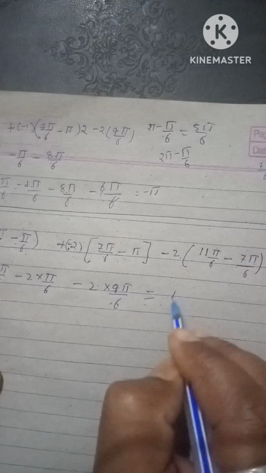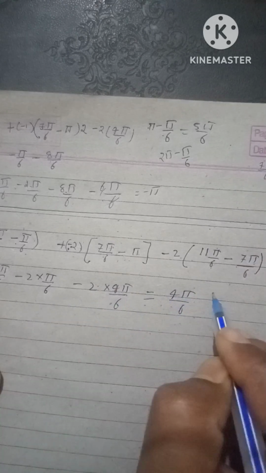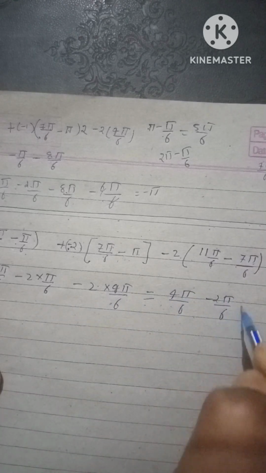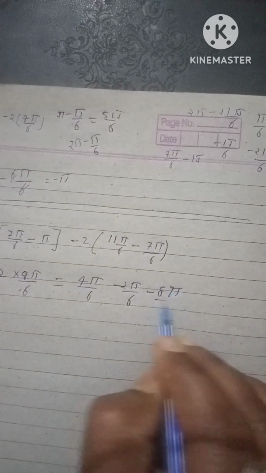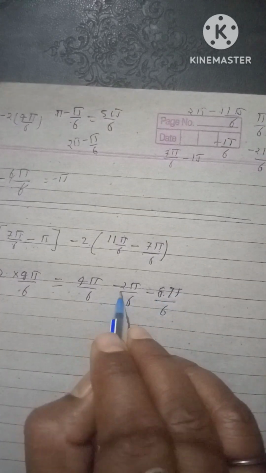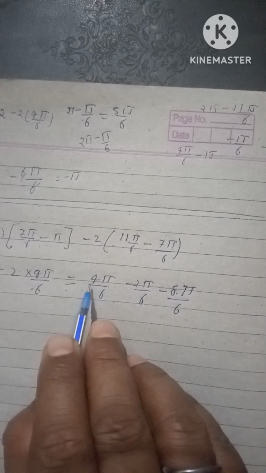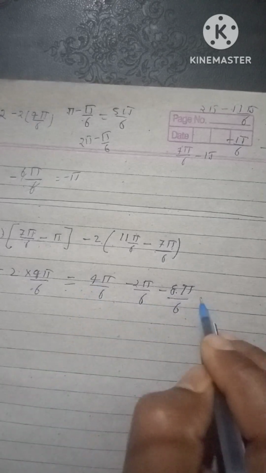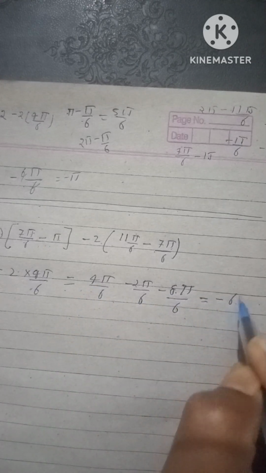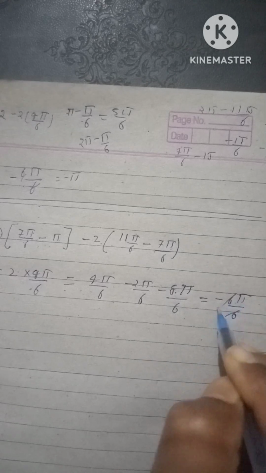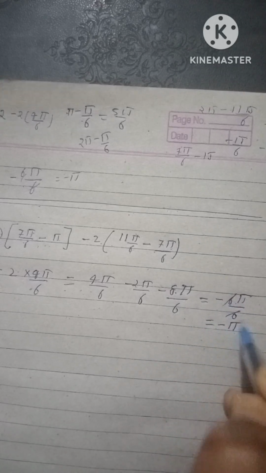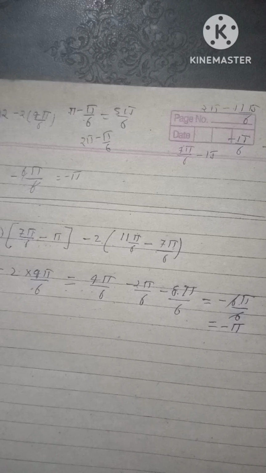So 4 pi by 6 minus 2 pi by 6 and minus 8 pi by 6; minus 2 minus 8 is minus 10 pi by 6, and adding 4 pi by 6, this is minus 6 pi by 6, the 6 cancels out. So minus pi is the answer.